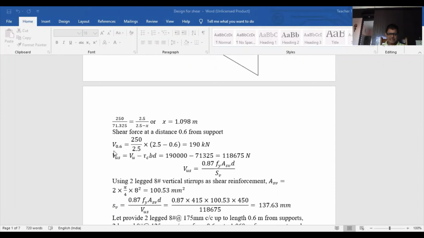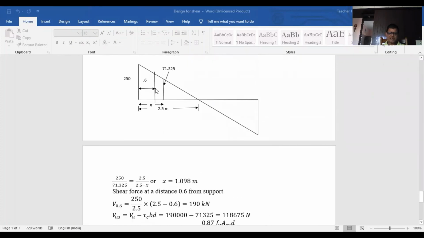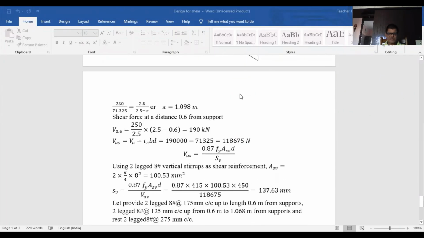Now what is the shear force at 0.6? You can calculate this: this by this is equal to this by this. So you can calculate the value of shear force here. If you find the shear, what is the shear value coming?